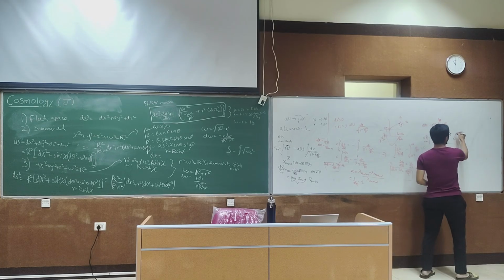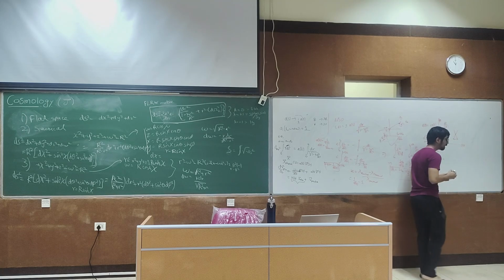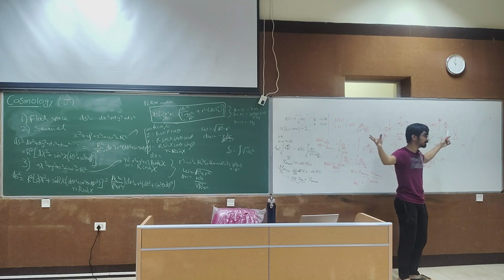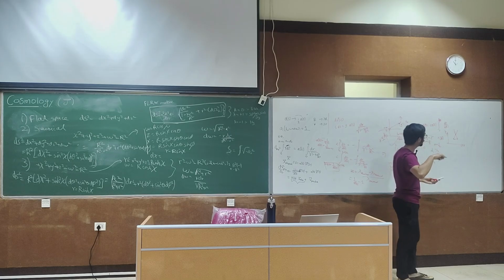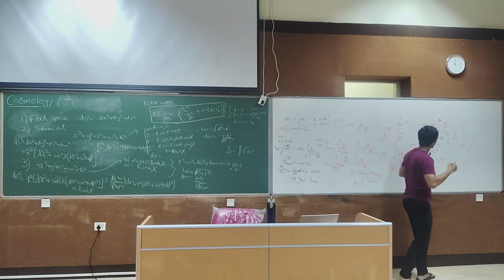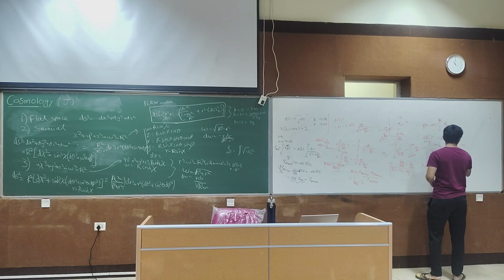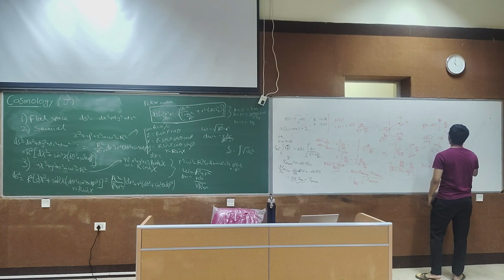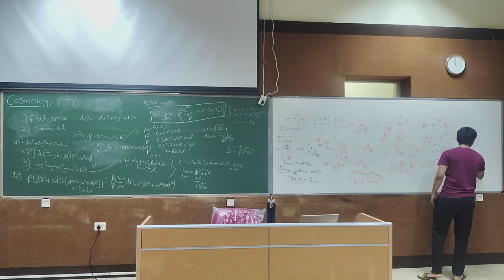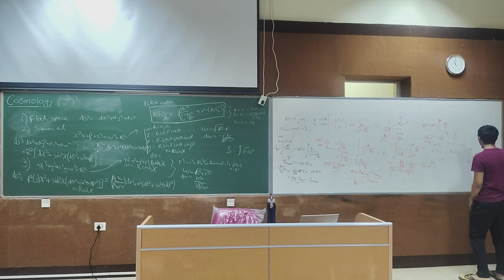Now you can do a similar thing in the future. If we start at now and emit light in all directions, at time t equal to infinity, would there be a similar restriction on size? So the event horizon distance is: if you start at t naught equal to now and send light to infinity, what is the maximum distance they can cover?